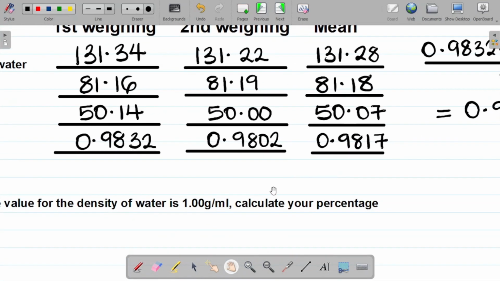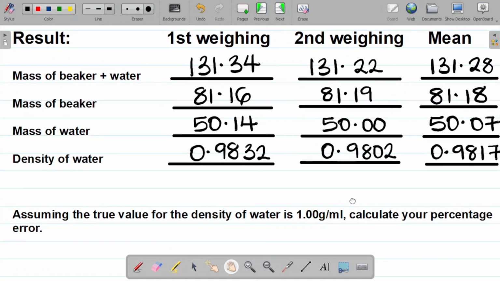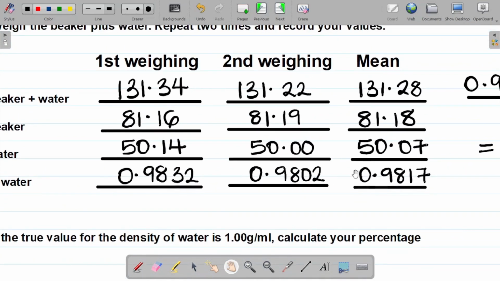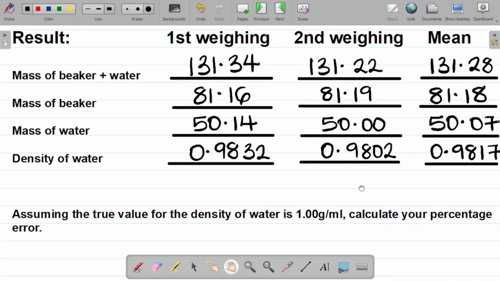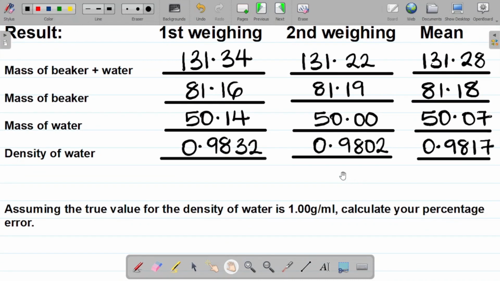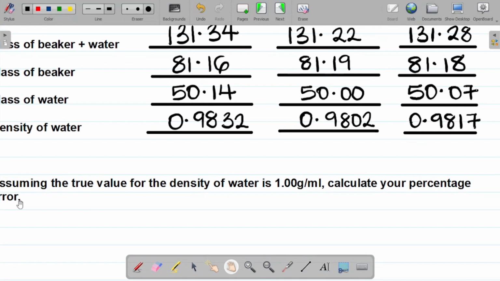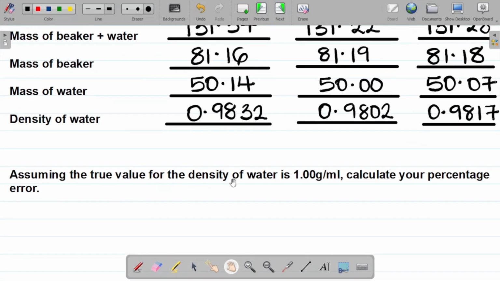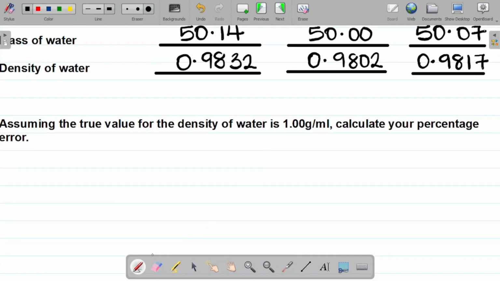So with this now, I have successfully got the value for the mean of each of them. Now, this question says, assuming the true value for density of water is 1.00 gram per milliliter, calculate your percentage error. Now, how do we find percentage error?